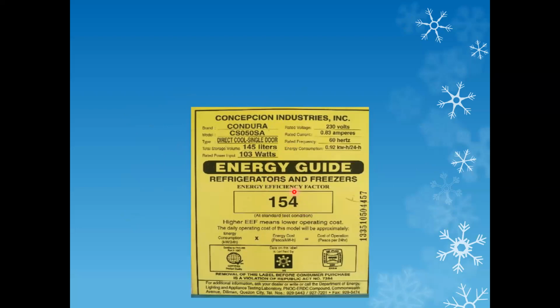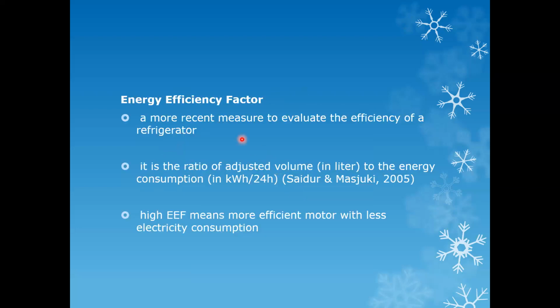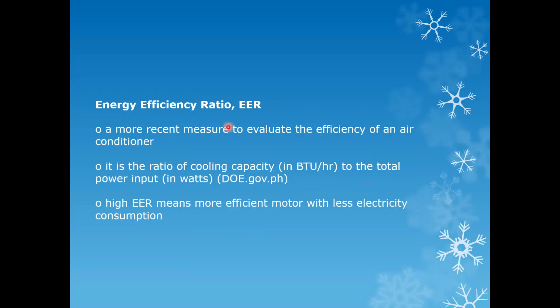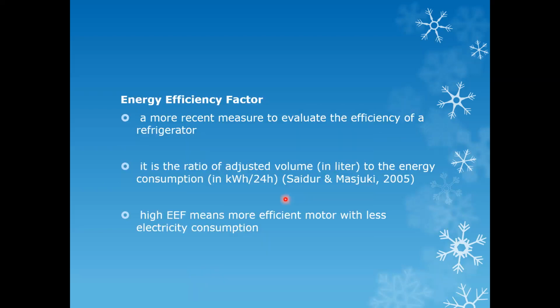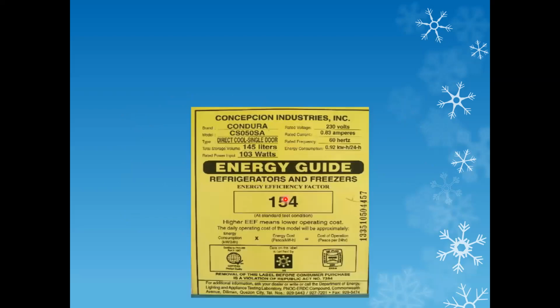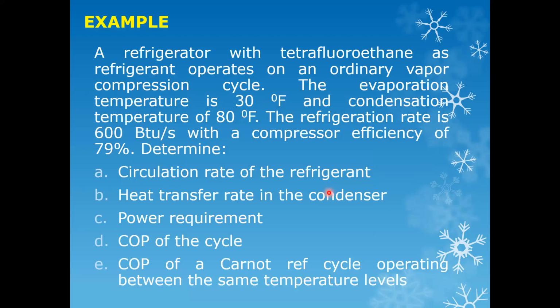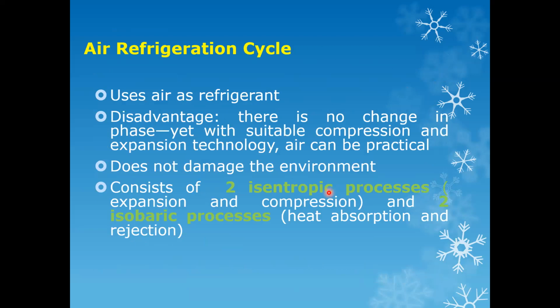For refrigerator, it's called the energy efficiency factor. For the aircon, energy efficiency ratio. And so the higher this number, the more efficient the motor with less electricity consumption. So now you know when you're shopping for aircon and refrigerators. Let's answer this problem in the next lecture and proceed with the air refrigeration cycle.